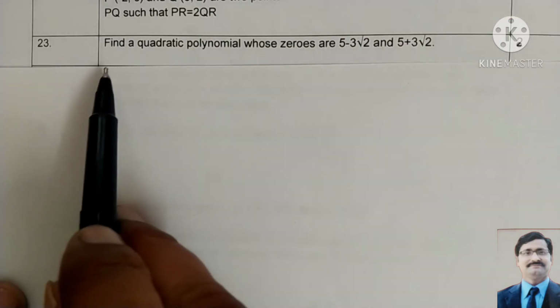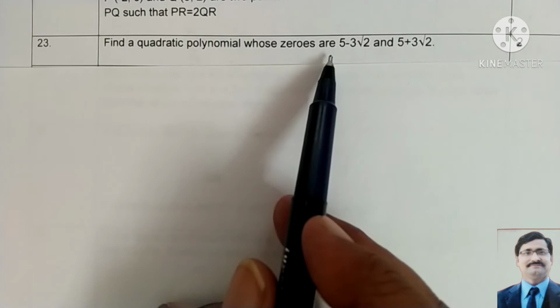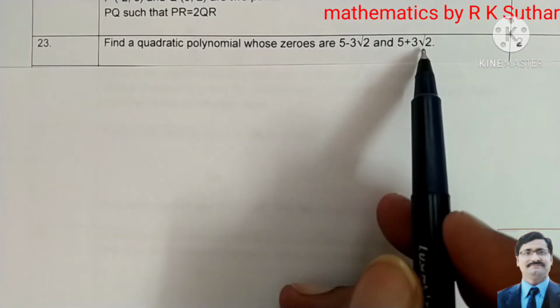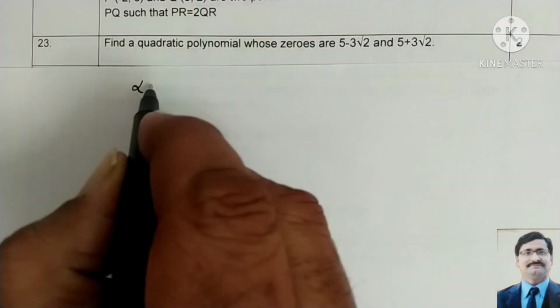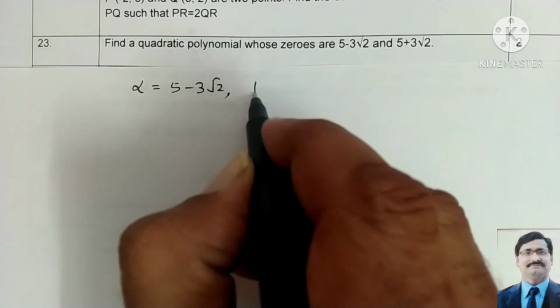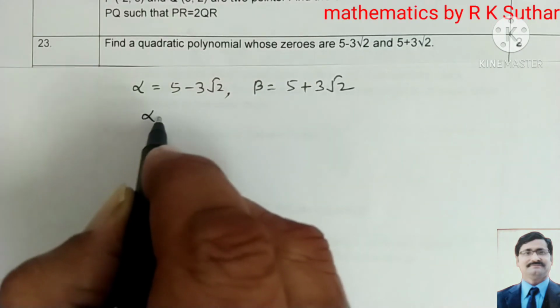Next question is, find a quadratic polynomial whose zeros are 5 minus 3 root 2 and 5 plus 3 root 2. Okay, these two zeros are given, means we can write here alpha is given 5 minus 3 root 2 and beta is given 5 plus 3 root 2. Okay, we do the sum of these two.